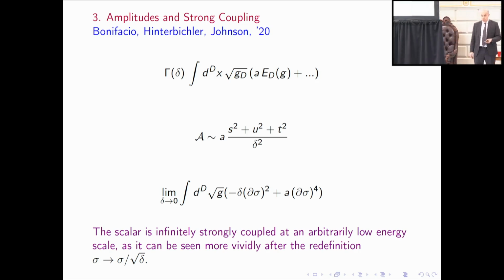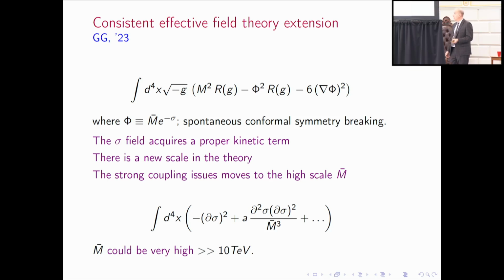So how to remedy these problems? It looks like there is almost a unique way to remedy them. What do you need to do? Well, you need to introduce some additional sector which will help to solve all of this or remove all of those difficulties.